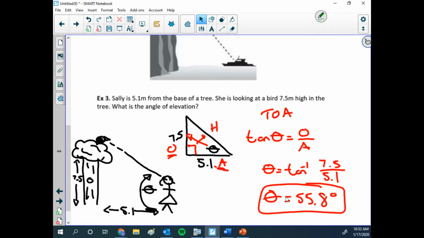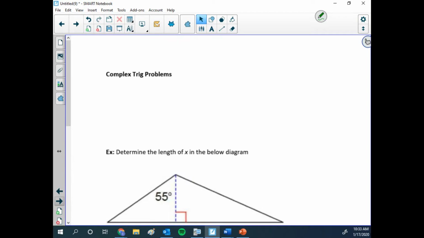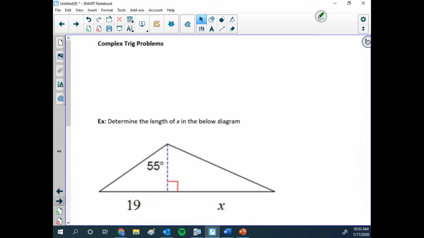One more thing I'm going to look at is the more complex trig problems. Complex trig problems are sometimes word problems, depending on the way they're set up, and they're also triangles that have two triangles put together to make one.